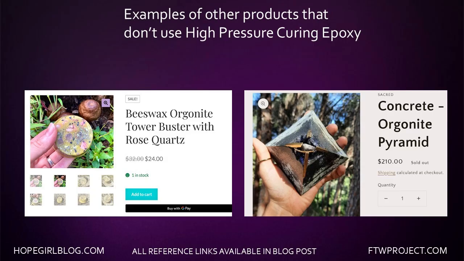Maybe some powder of some kind of metal, I'm not sure. And then over here on the right, we've got the concrete orgonite pyramid. It looks like it's a hybrid because the tip looks like it might be epoxy, possibly. No, it looks open. Okay. I think there's like a crystal in there and some pieces of metal. And I'm not sure what they put in their mix.